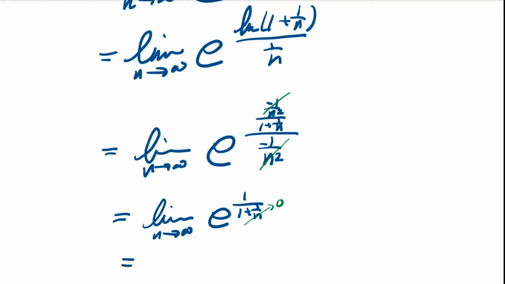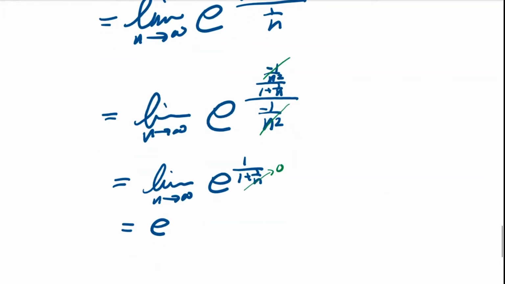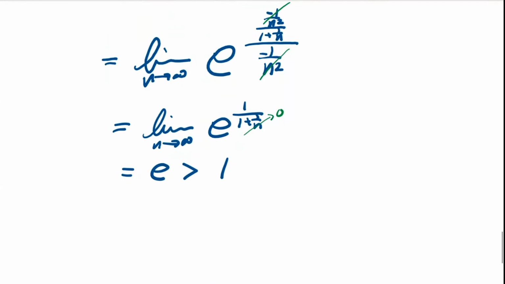So this is e. Now here's the thing, e is more than 1, right? 2.72-ish, which means according to our ratio test, this thing diverges. You get it? Our series is divergent. That is how you conclude this.